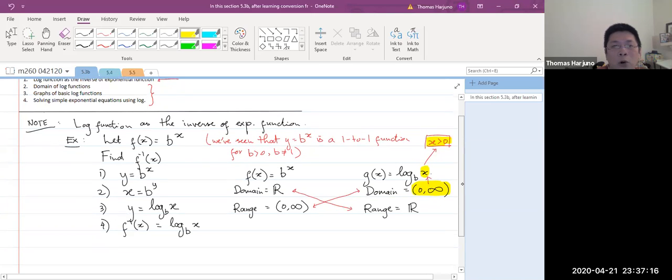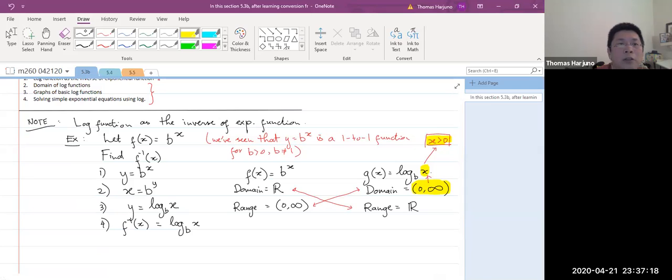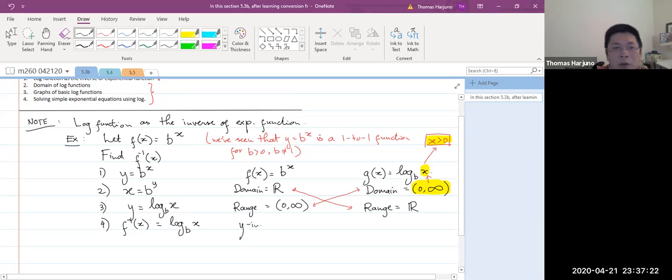Now, furthermore, the y-intercept for the exponential function was (0, 1). Now that will become our x-intercept in the logarithmic function.